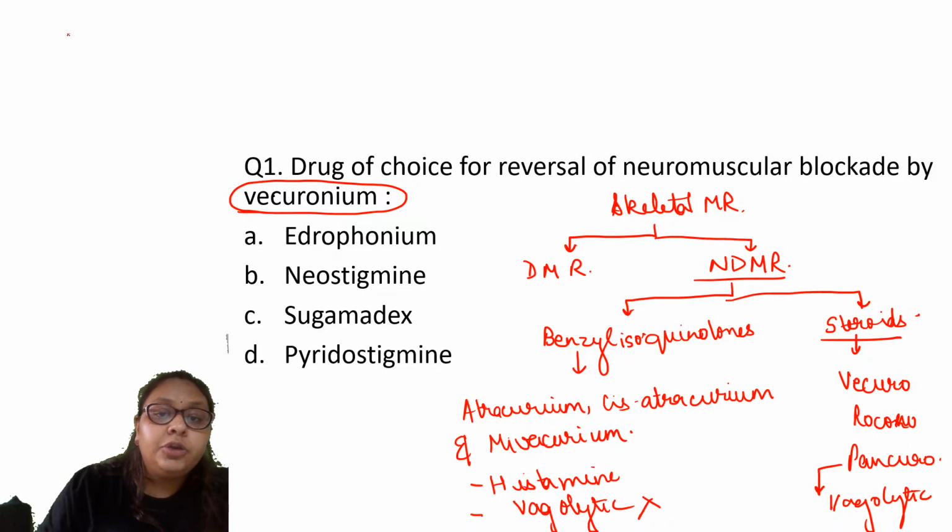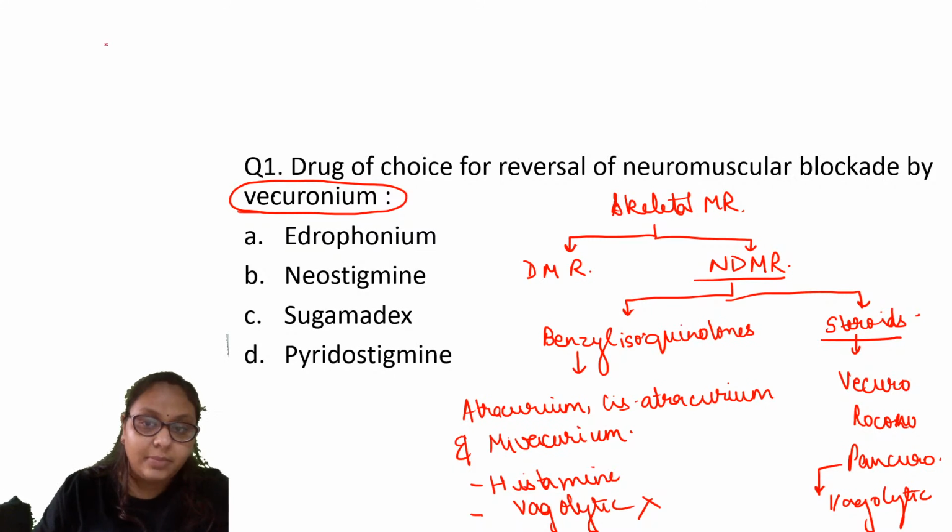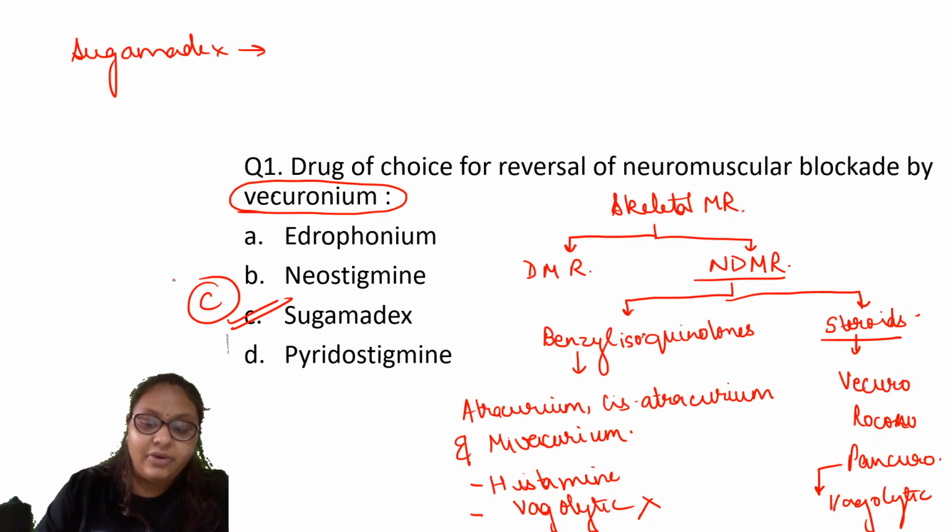there are the neuromuscular blockade reversal agents. Okay, Dr. Rahul, welcome to the class. Yes, it is sugamadex, because sugamadex is a cyclodextrin. The answer for this is C. Why?